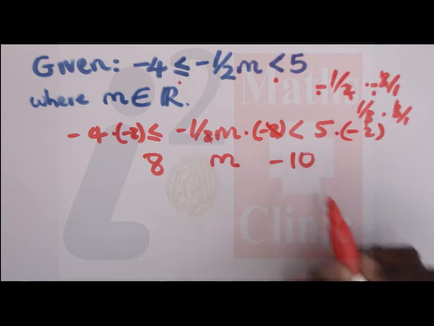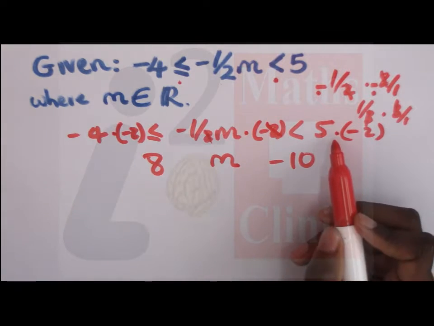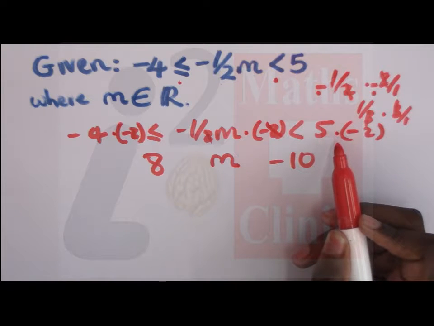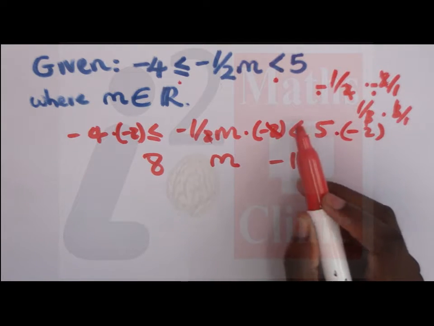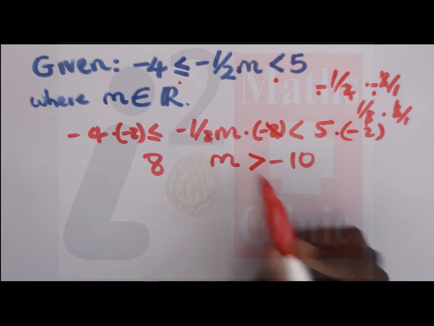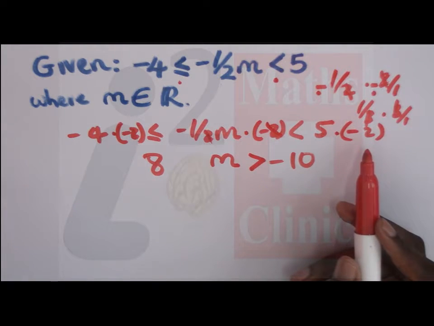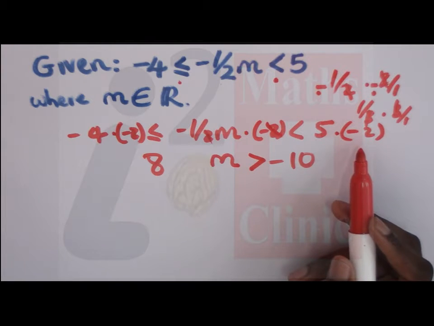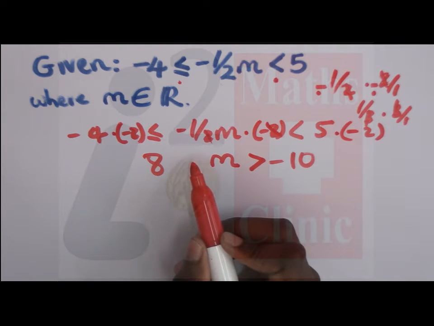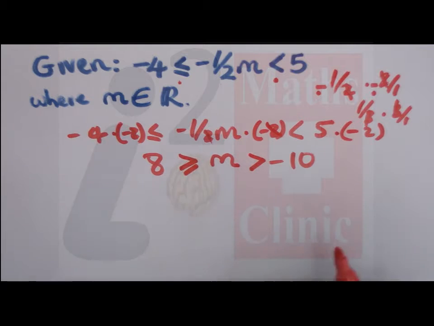Because when we multiply or divide by a negative, the inequality signs change direction. Both directions change, because we multiplied by a negative, and the same would happen if we divided by a negative.